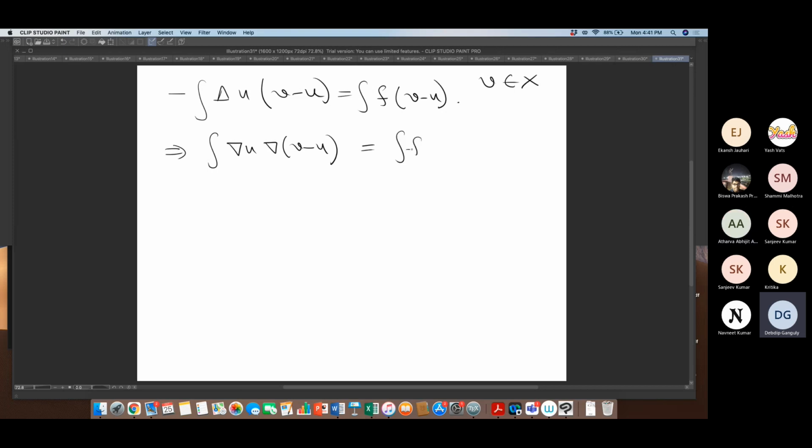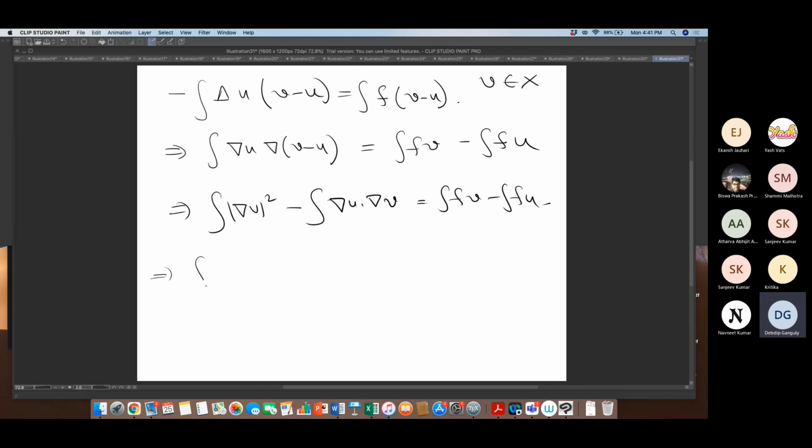So integration fv minus integration fu. So this is gradient u square minus gradient of u into gradient of v equal to integration fv minus integration fu. You just rearrange it, you will get integral over omega of gradient of u square minus integral over omega of f u, equal to gradient of u into gradient of v minus fv.